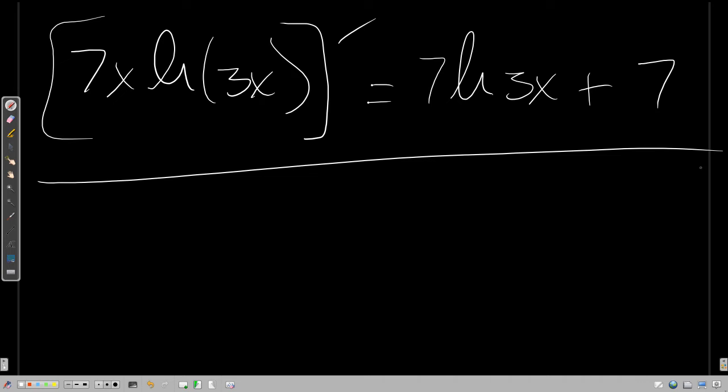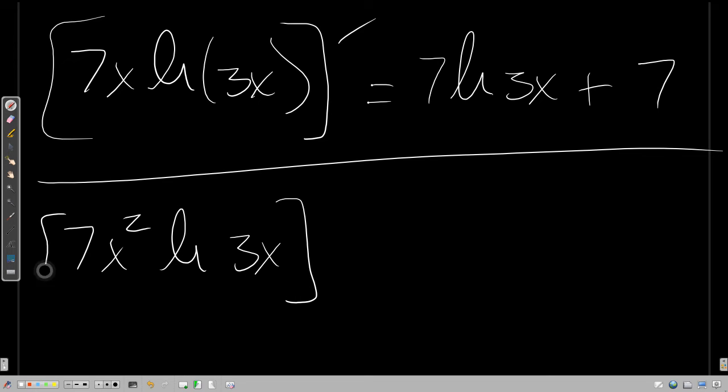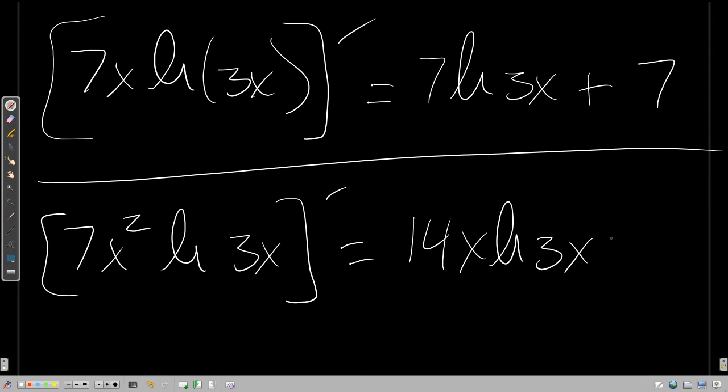Okay. So let me try a different one. 7x squared natural log 3x, we want the derivative. Then I would have 14x natural log of 3x plus 7x.